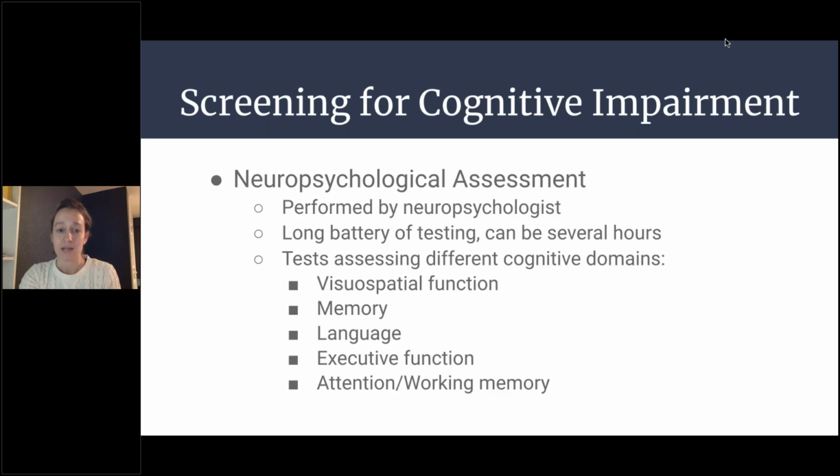And rather than being just 10 minutes in the office, this is a 2 to 4 hour test that's performed by a neuropsychologist and tests those same different domains of cognition, but in a lot more detail. And they're able to pick up on different patterns that could be treated with either medications or behavioral interventions.